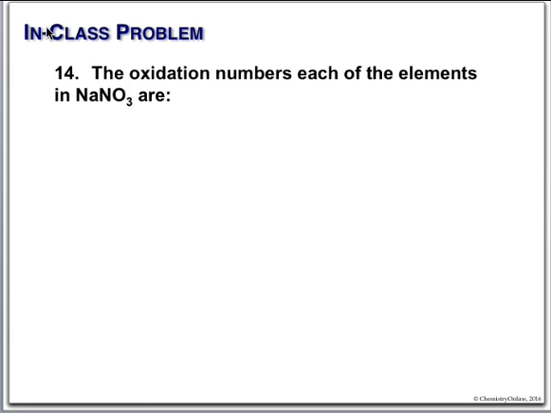All right, oxidation numbers in sodium nitrate. Really simple. We always start off with our oxygen. We know the oxygen is going to be a -2. The other rule that's very reliable is the group 1 and 2 rule.